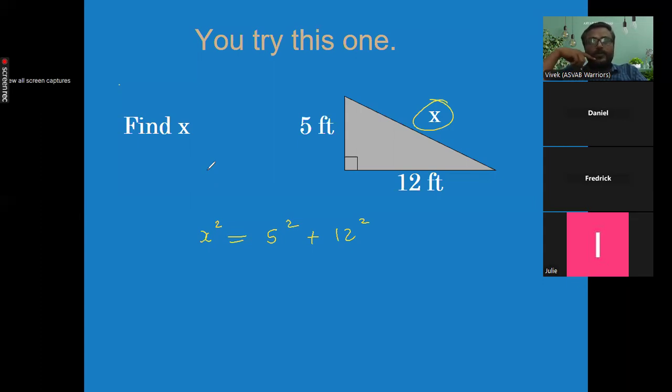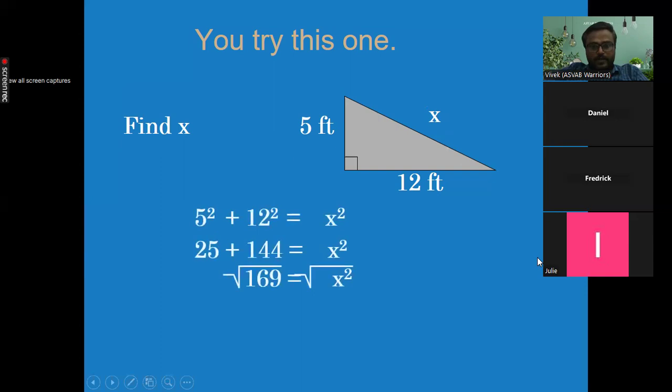Frederick, waiting for you. Frederick also says it is 13. I hope all of you understood what is Pythagoras theorem. You guys can take a screenshot of this if you want to study about it later. Let's move ahead.